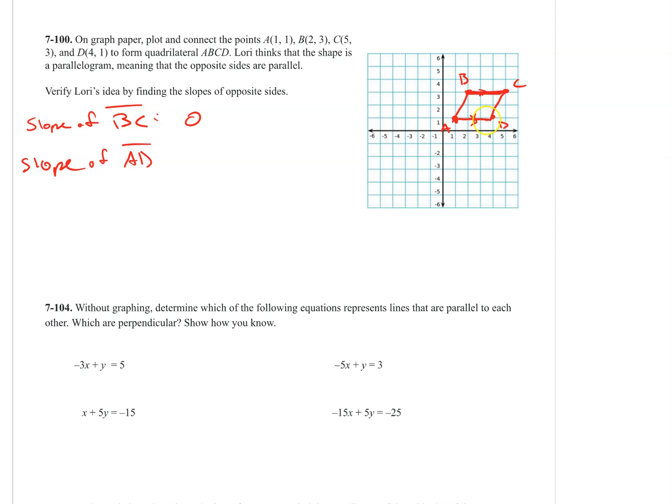So the slope of line segment AD is also flat, so the slope is 0. Since they have the same slope, they are parallel. Okay, now we need to check AB and CD.